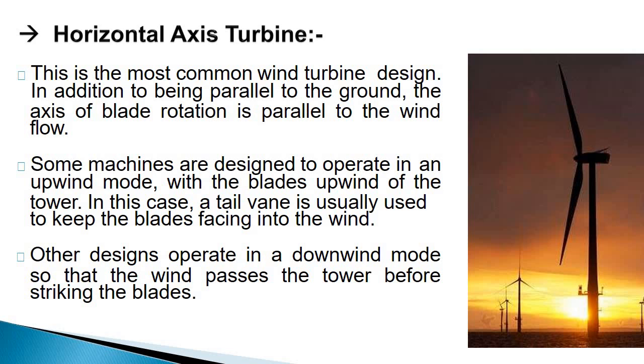Some machines are designed to operate in an upwind mode with the blades upwind of the tower. In this case, a tail vane is usually used to keep the blades facing into the wind. You can see in the figure, the blades are facing the wind.